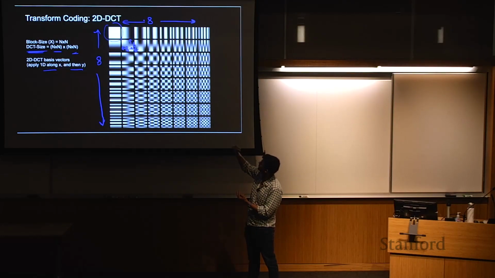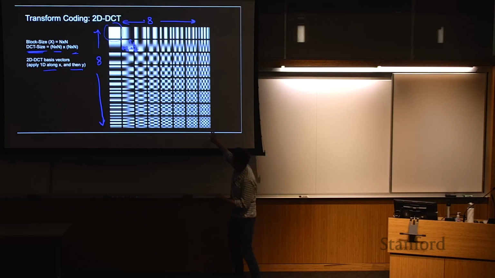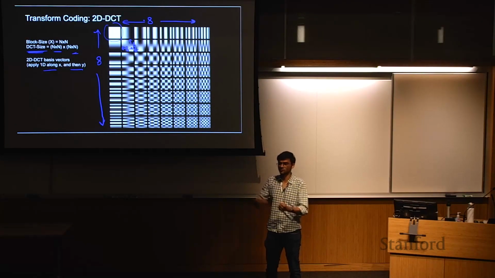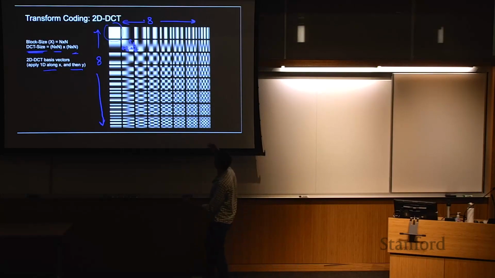If you look just at the first row, your frequency is increasing for the vertical stripes. And if you look down along the diagonal, it seems like you have a mix: your frequency is increasing along both X and Y directions. But if you look at this one here, it has more frequency along the vertical dimension than along the horizontal dimension, which matches the same one at the top.